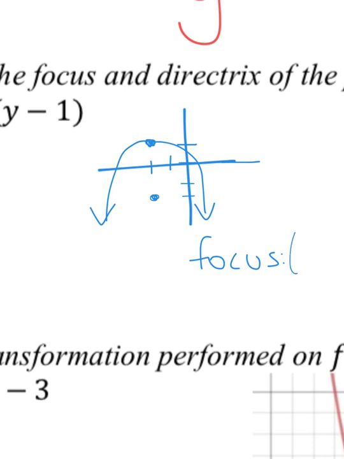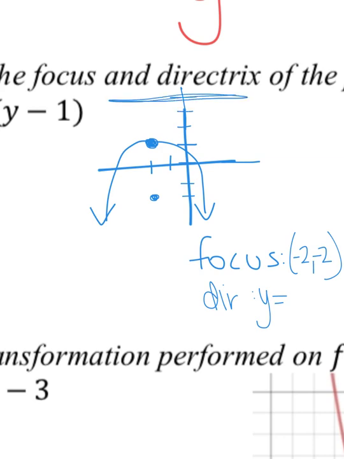So the focus is negative 2, comma, negative 2. The directrix is a line. It's y equals. I'm going to go back up to the vertex right here, and instead of going down 3, I am going to go up 3. Okay, and this line is y equals 4.